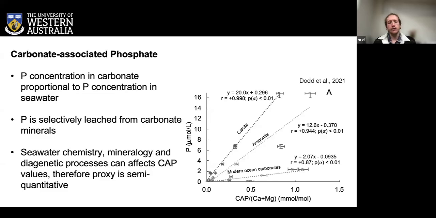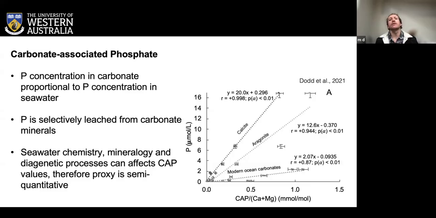What we found through a number of experiments and various modern analogs was that phosphorus in seawater is often proportionally linked to the amount of phosphorus found in carbonates that precipitate from that seawater. This gives us a potential proxy, based on the P content of carbonates, to estimate what seawater phosphate concentrations were.